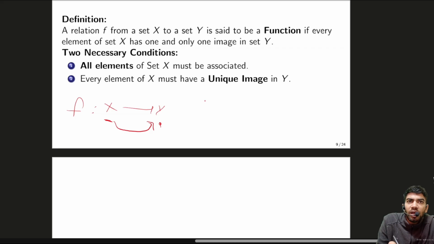So every element of X must be associated. All elements must be mapped somewhere.